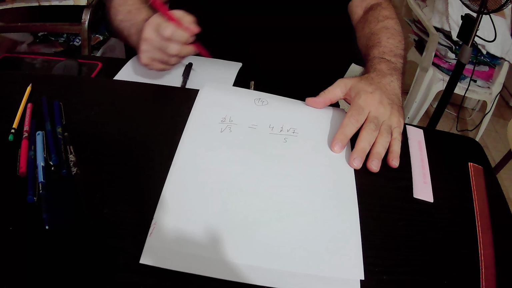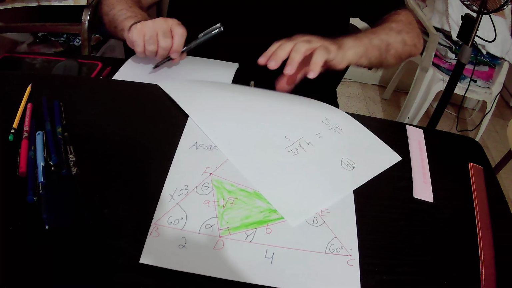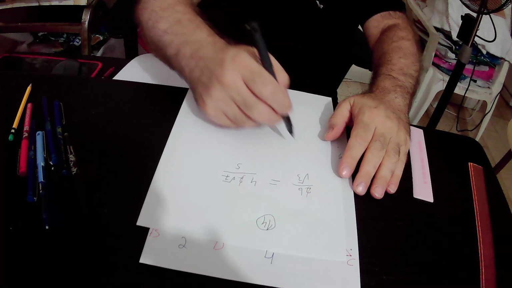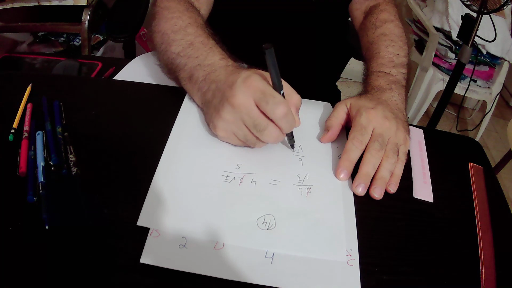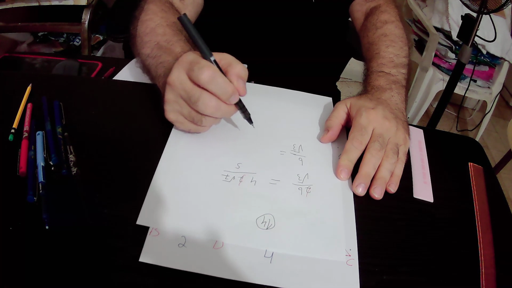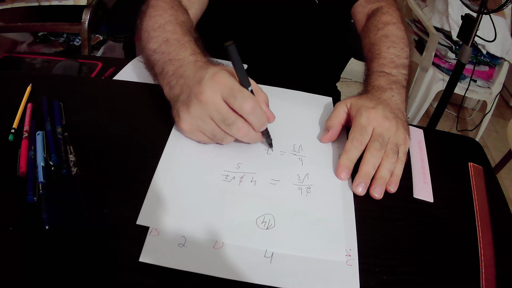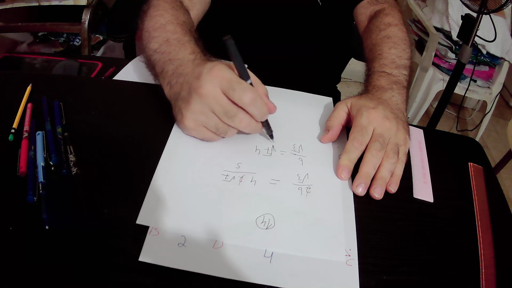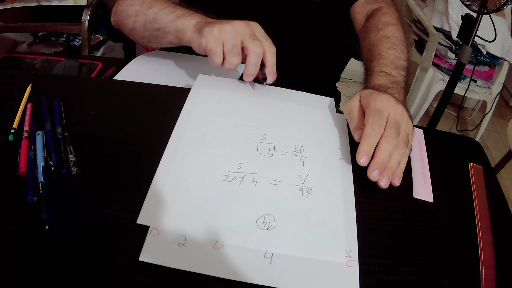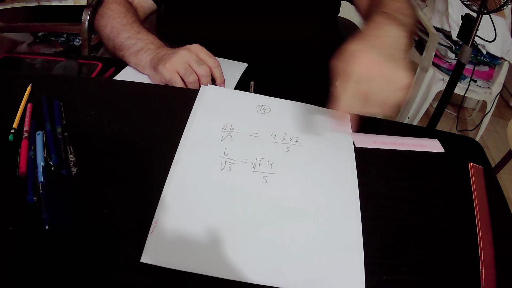So what is left after we cancel 2 is b over root 3 equals to root 7 times 4 over 5. Okay, that is what is left after we cancel 2.